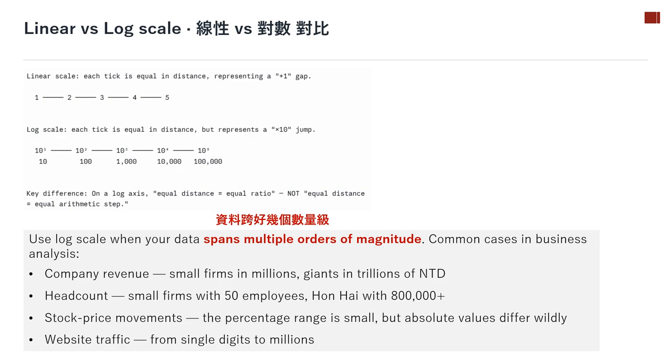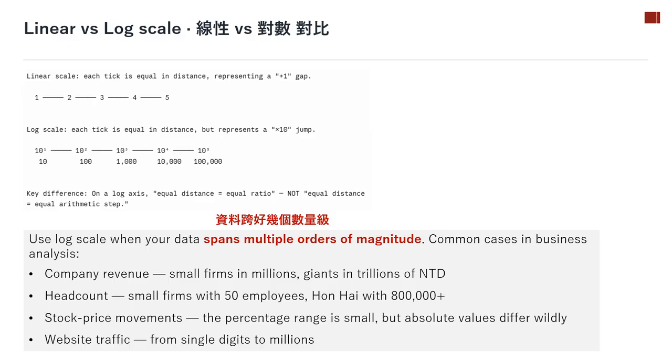Traditionally, when we talk about the linear scale, it's just like 1, 2, 3, 4, 5. Most companies only have 1 employee, 2 employees, 3 employees, just like that. But there is another company, like maybe Honghai, that has 80,000 employees. So this is totally different. If we just use a linear scale, it is a little bit hard to represent their difference, right? But if today we are using a log scale, then 10 employees is the first label, 100 is the second label, 1,000 is the third label, and 100,000 is another label.